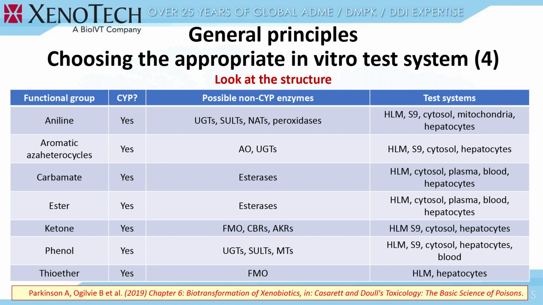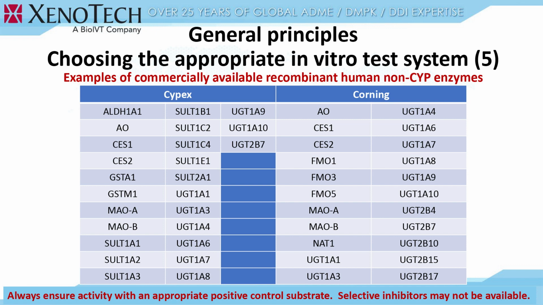So as I mentioned, recombinant enzymes are a really important tool to be utilized when elucidating the potential metabolism or the metabolic pathways of the compound in question. So this is just a list of some of the examples of commercially available recombinant human non-CYP enzymes. These are just two companies that I'm listing, Cypex and Corning. And full disclosure, I should just mention that Sekisui XenoTech is a distributor for Cypex.